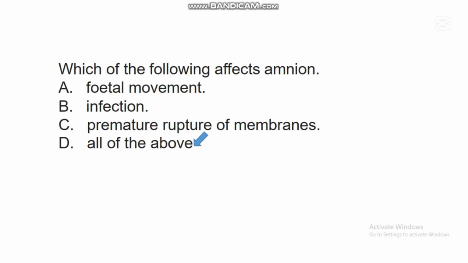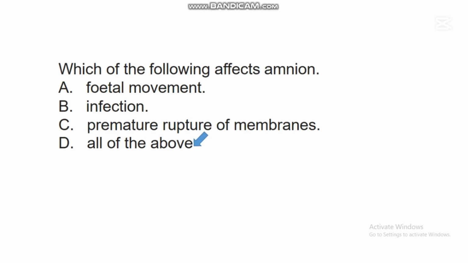There are many factors that can affect amnion as a membrane. One of these factors is foetal movement. Studies have shown that when there is movement of this fetus in the womb, it can affect this amnion.